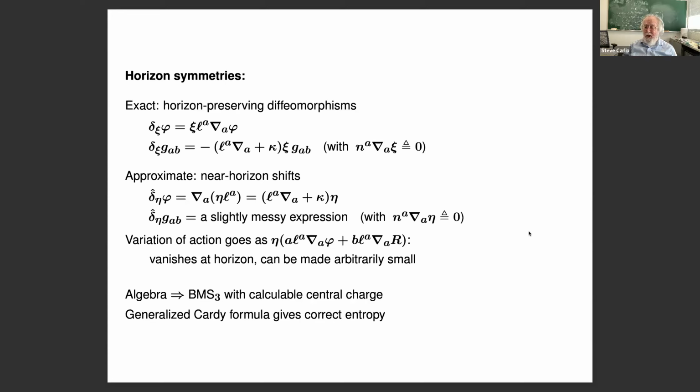But if something like holography is true, it's telling us something very deep about the nature of our physical universe. And I don't know of an argument at that level of depth, as opposed to pieces of evidence that perhaps this is correct.